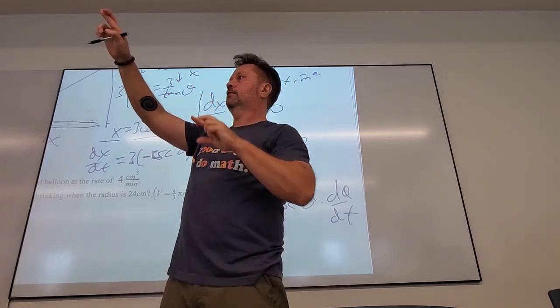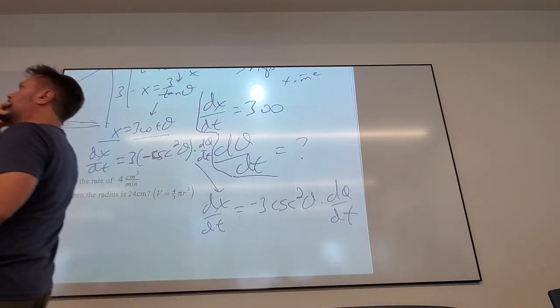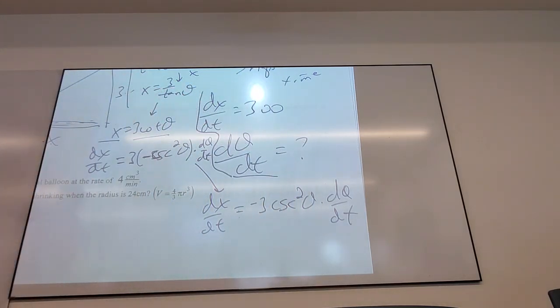I don't really understand why it's d theta. What's the inside function of cotangent? Theta. And do you agree that theta is a function of time? It's just like me saying, what's the derivative of the square root of sine x? Well, the inside function is sine x, so I have to use chain rule for it. This is the derivative of cotangent stuff, so I have to multiply by the derivative of that stuff.